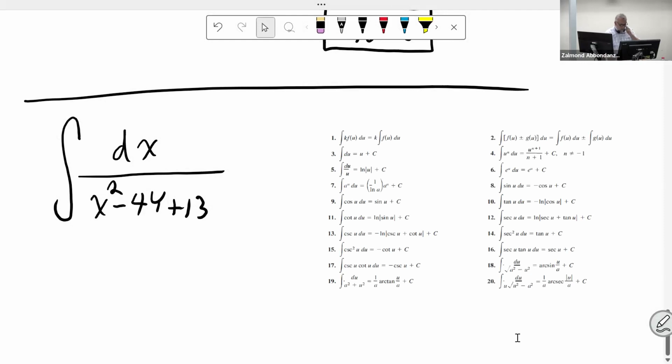Looking at these, none of them look exactly familiar, but we have to see that using the process of completing the square, it could be made to look like this. So let's do that. We're going to complete the square.